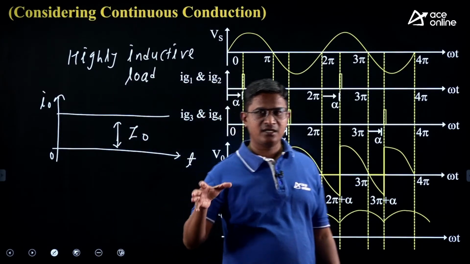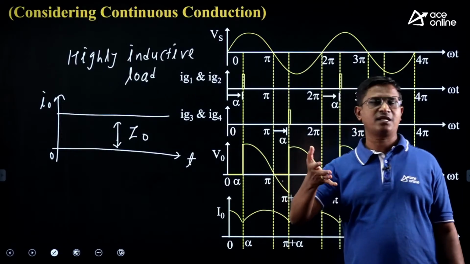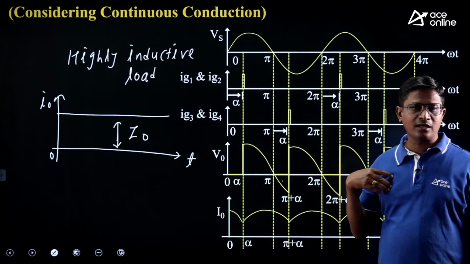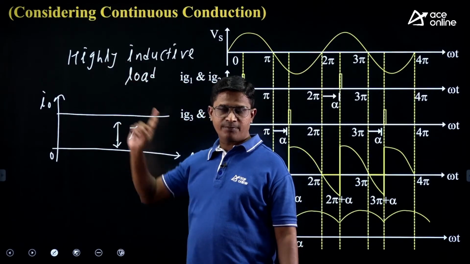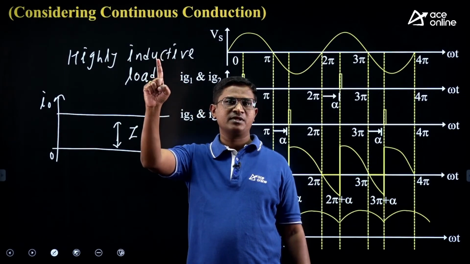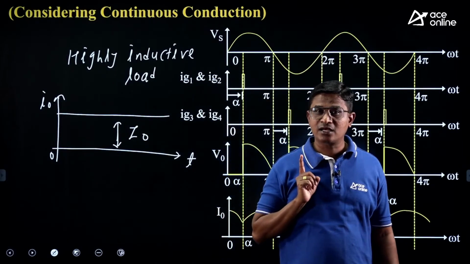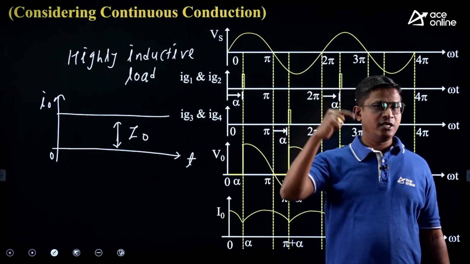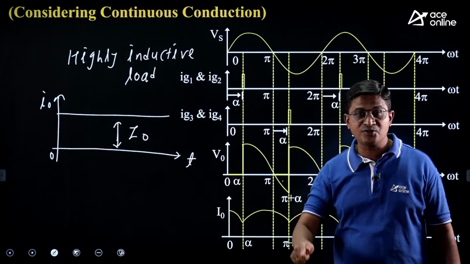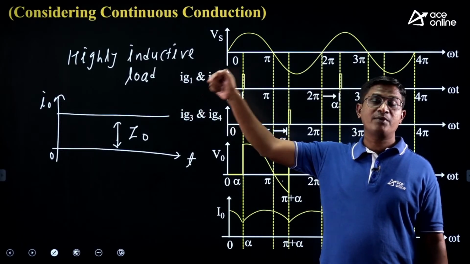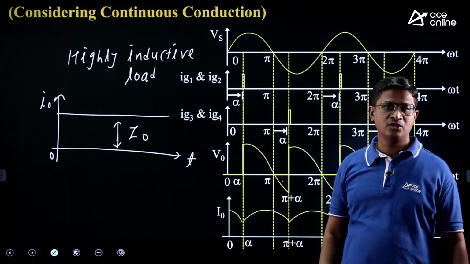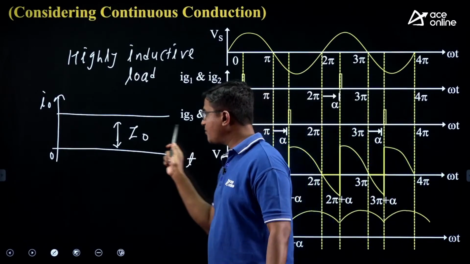If my load inductor value is high, opposition offered by the inductor to change in current is high. If my load inductor offers a high opposition to change in current, means my load inductor is not allowing the load current to change. So therefore I am getting this type of current waveform.